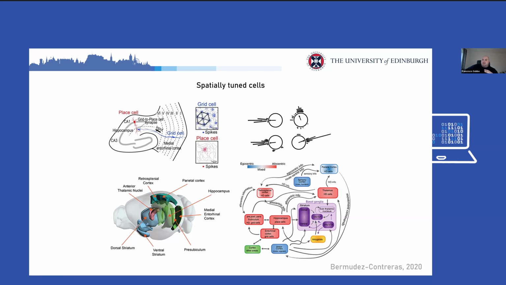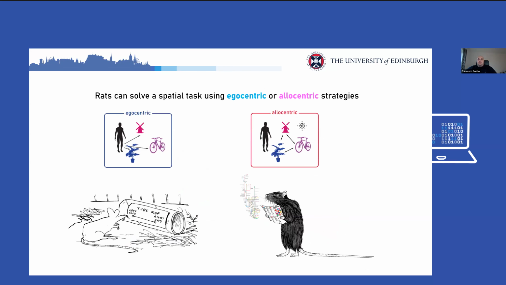But essentially, the interplay of these systems of cells is believed to overall allow the animal, or the subject in general, to reconstruct from the environment where its position in space is. So the distinction between egocentric and allocentric is essentially how an object or a location is represented with respect to the coordinates in the environment.